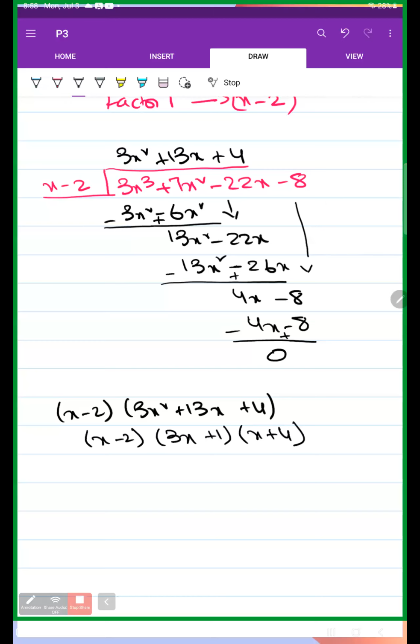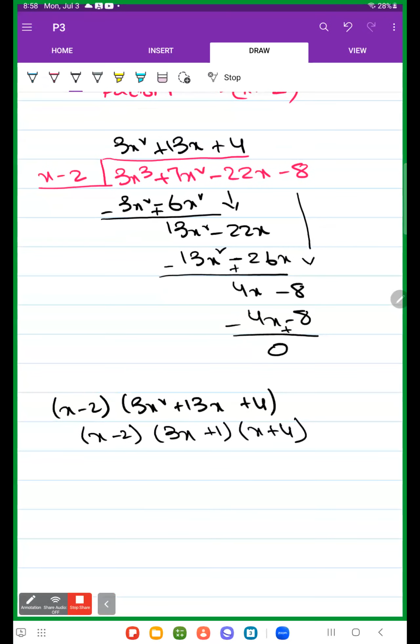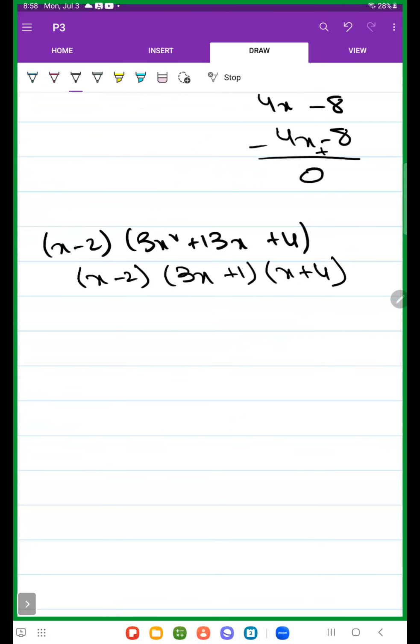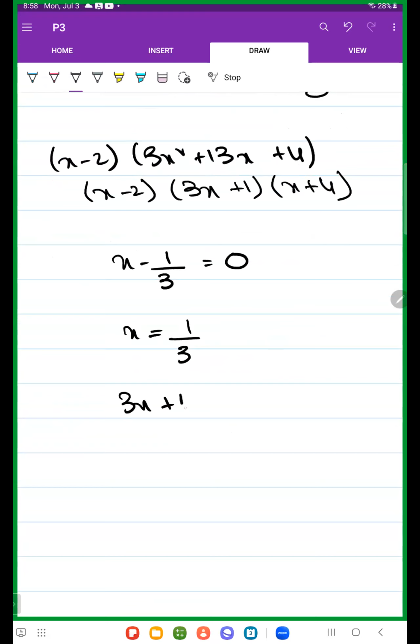So your factors that you got are correct, but write it like this. Don't write 1 upon 3. You got x plus 1 upon 3 is equal to 0, so x is equal to minus 1 upon 3. So 3x plus 1 is equal to 0. We'll write it like this.